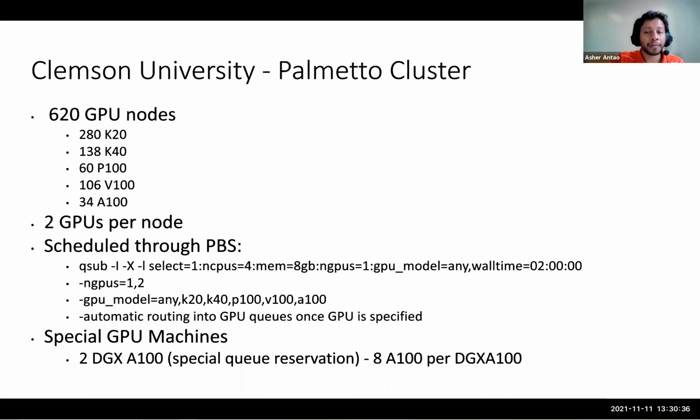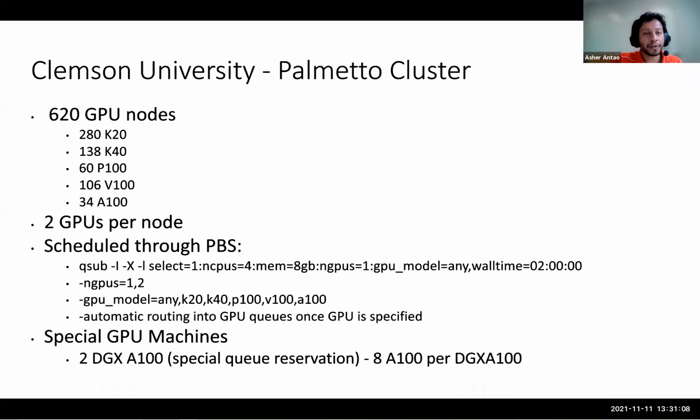So now we make sure that they specify what GPU they want, and if they choose any, then it's on them to figure out that if they request multiple nodes, they will possibly get different types of GPUs. But on the back end, we do try to prioritize that they all land on the same GPU. They can specify which GPU they want through the GPU model flag through PBS resource selection.